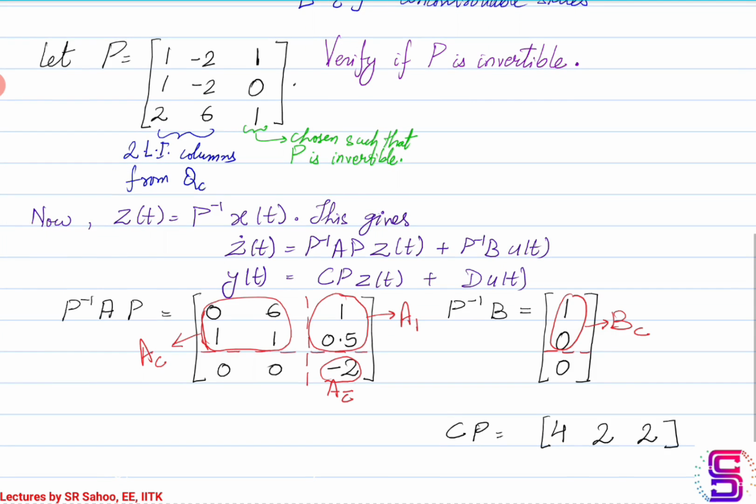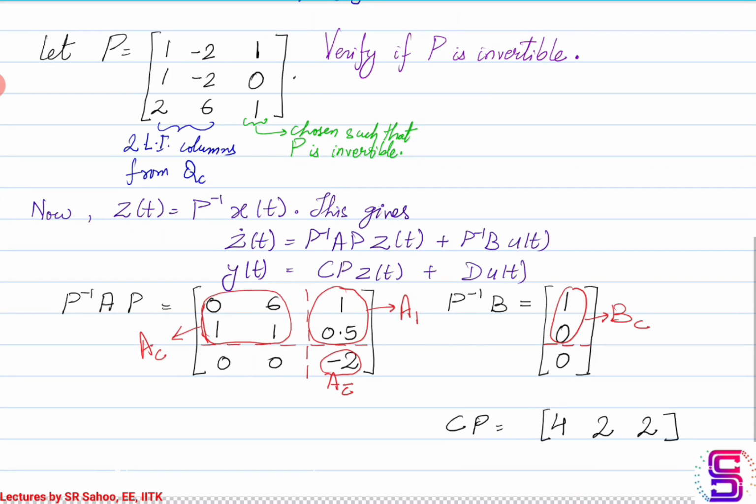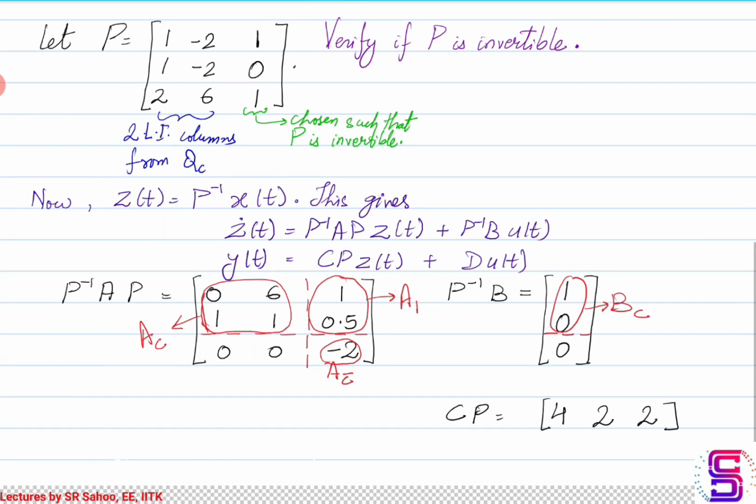I represent the state vector z in terms of x using P as Pz equal to x, that is z equal to P inverse x. With this choice, the state space representation with respect to the state vector z turns out to be z dot equal to P inverse APz plus P inverse Bu, and output y equal to CPz plus Du.